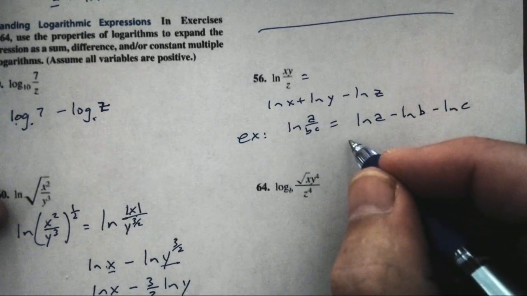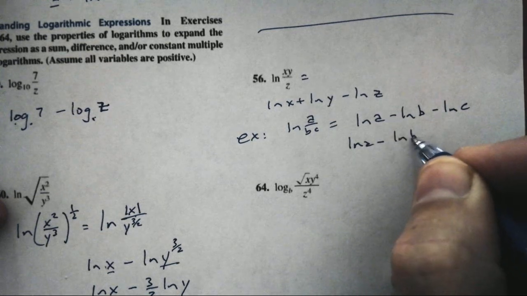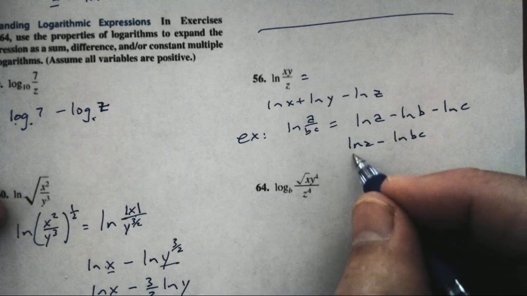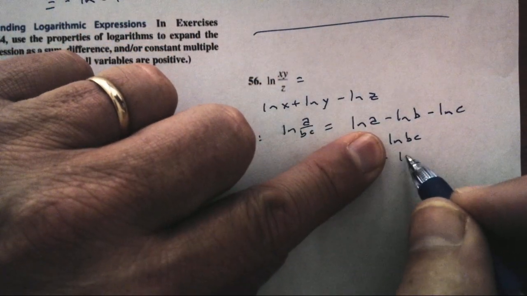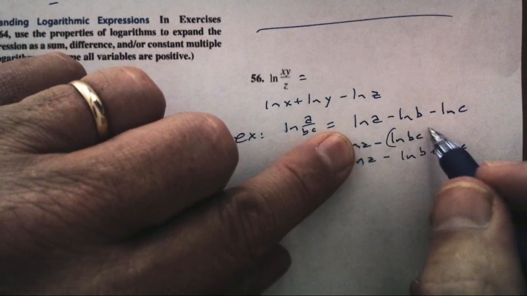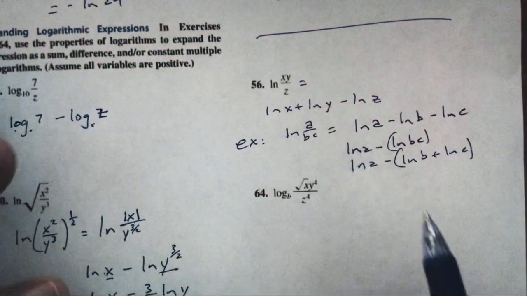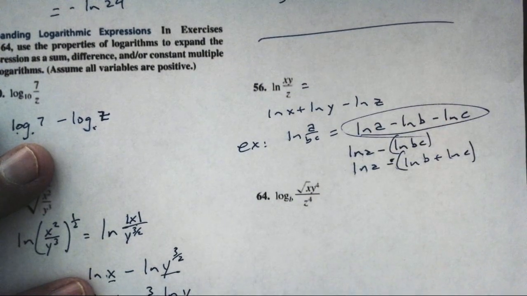You could do this. You could go, okay, it's ln a minus ln bc. And then we might be tempted to say it's ln a minus, well, how do we handle this? That would be ln b plus ln c, but it's minus all of that. The minus would distribute, and there we have it.